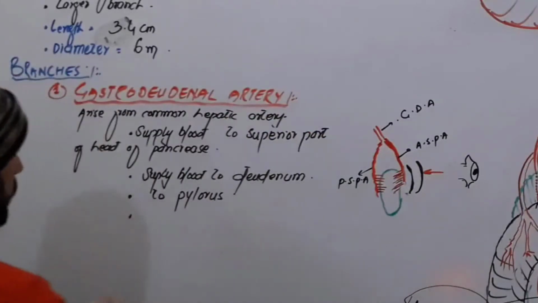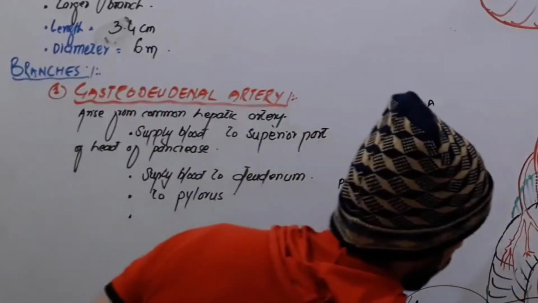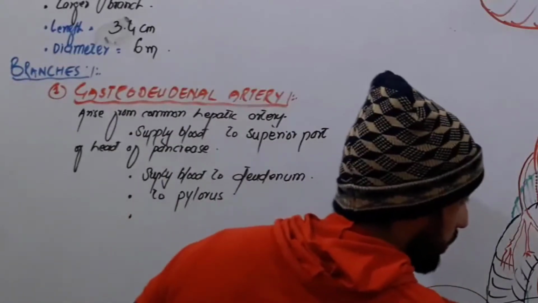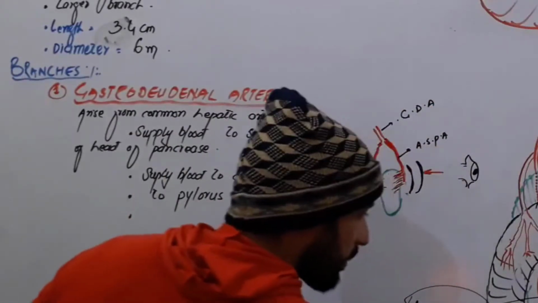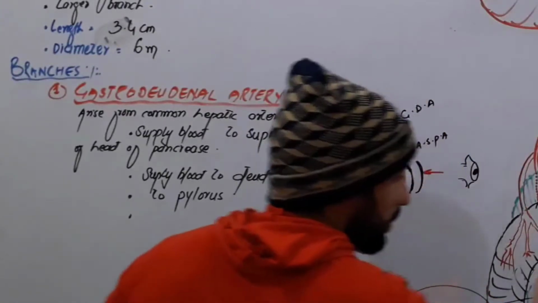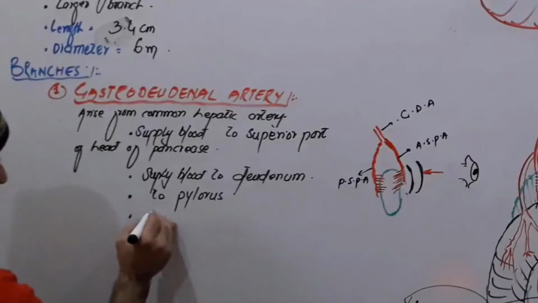And my dear friends, we should not forget this gastroepiploic artery, this right gastroepiploic artery, which is responsible for supplying blood to the inferior side of the stomach, some parts of the greater curvature, right?